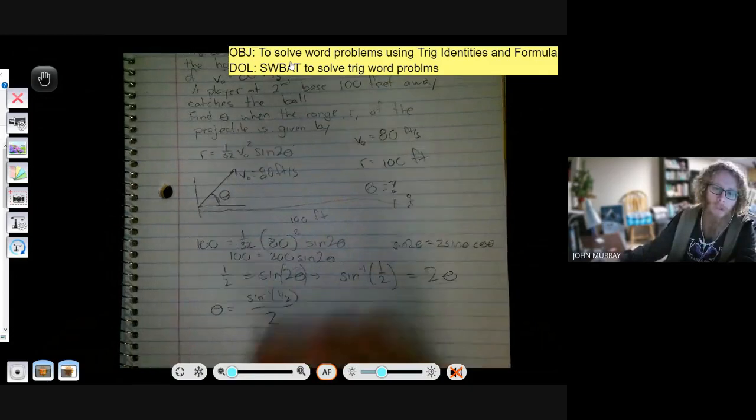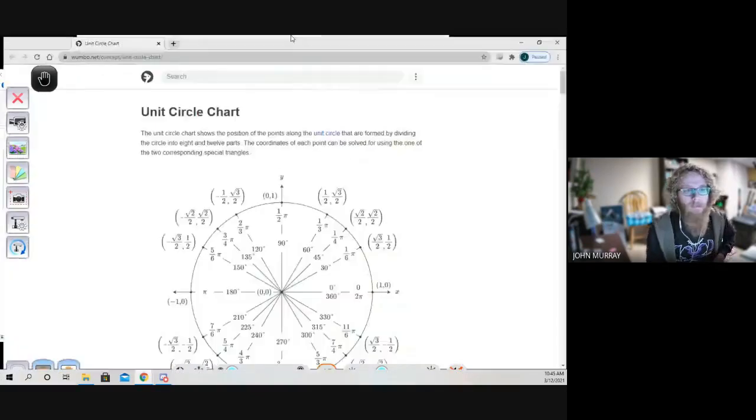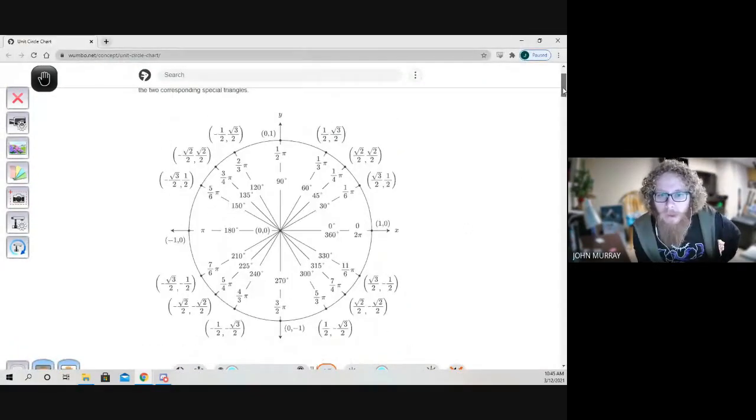So now I want to find what is the inverse sine of 1/2, right? So we go back to the unit circle, or you may have it memorized. All right, so on our unit circle, we're looking for the sine equal to 1/2. So I would have 30 degrees, or I would have 150 degrees.